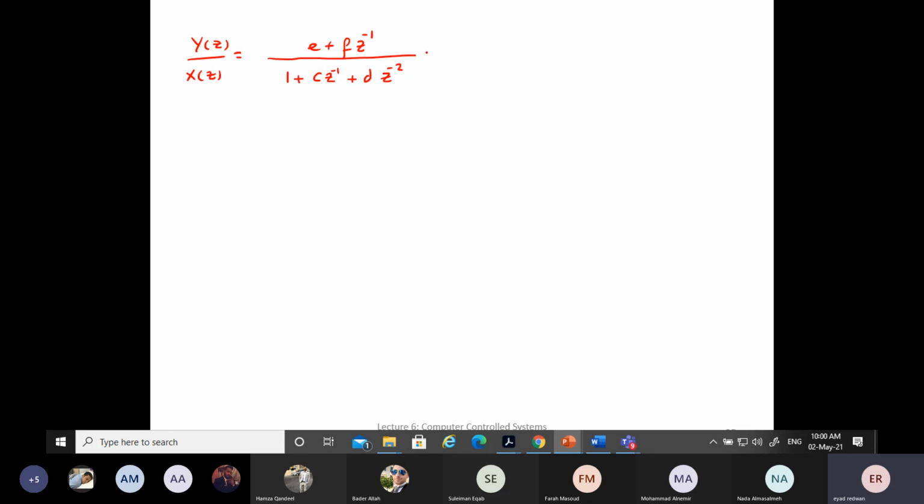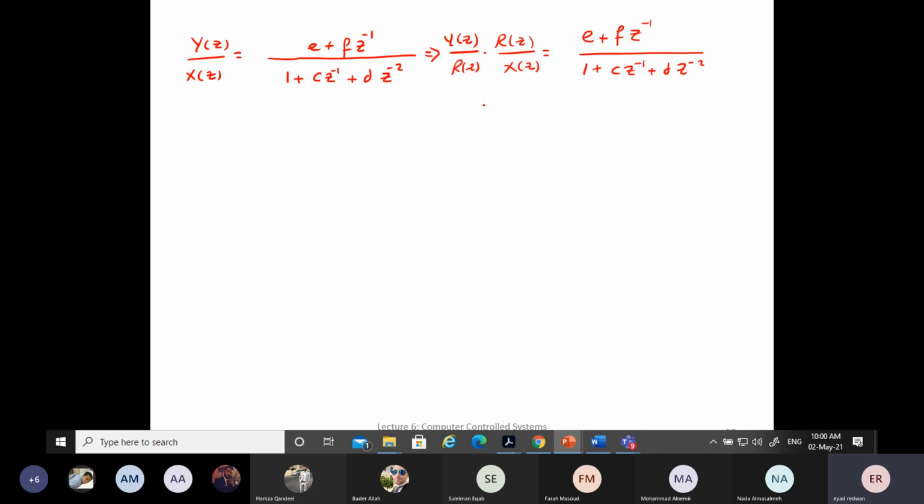So if I want to implement this again, I will write Y(z) over X(z). Sorry, let's put the intermediate variable, R(z), for example, or H(z), whatever you want, times R(z) over X(z), and that will equal to, again, you break this term into e plus f z inverse, over, again, 1 plus c z inverse plus d z to the power minus 2.